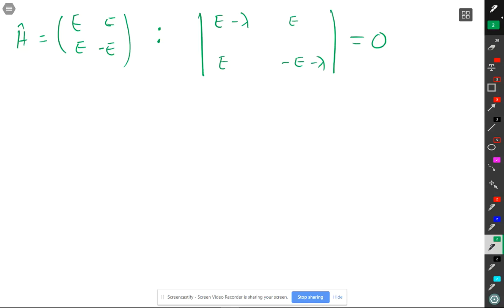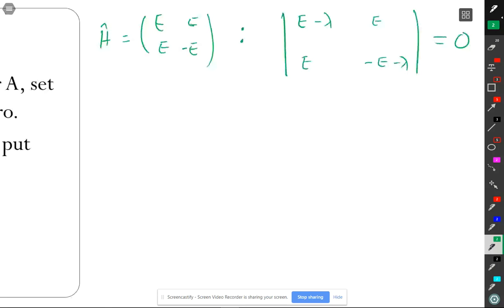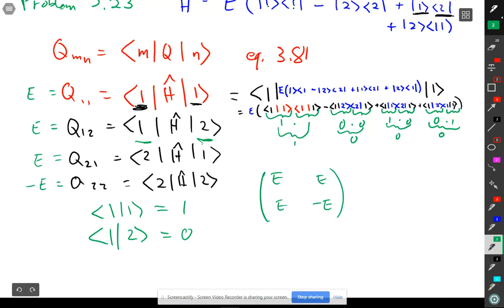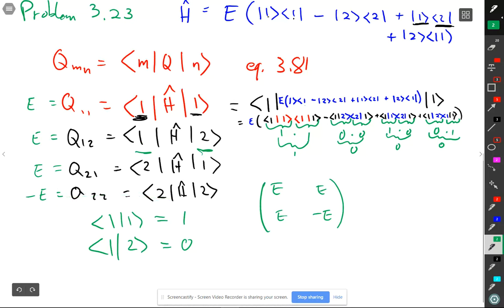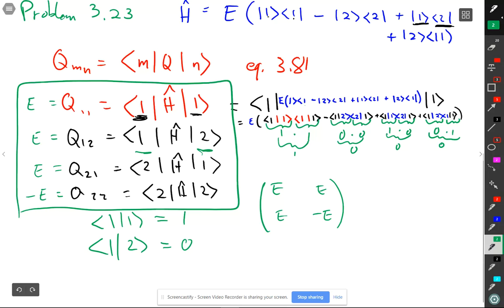What made you put the E's in that order? Did you have to 1, 1, 1, 2? I put the E's in that order because that's what we found right here. Yeah. Whoops. Like, you would know to put like 1, 2. Like what if 1, 2 had been negative E? I might have made a mistake because like I said, I get row and column confused. We can look. I'm sure somewhere it's going to say what the standard is in the nomenclature.